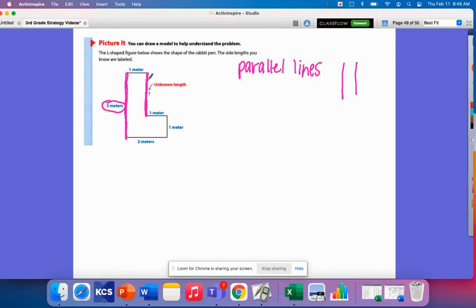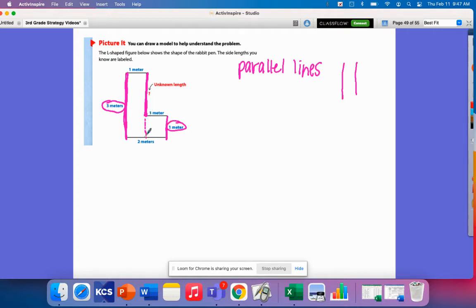That doesn't mean that this equals 3 meters, because you can see that this is short. I really like to outline these because that helps me see. This one's longer, so I can't just say this is 3 meters, because I'd have a missing little piece right here. But I see here that it tells me what this would equal.